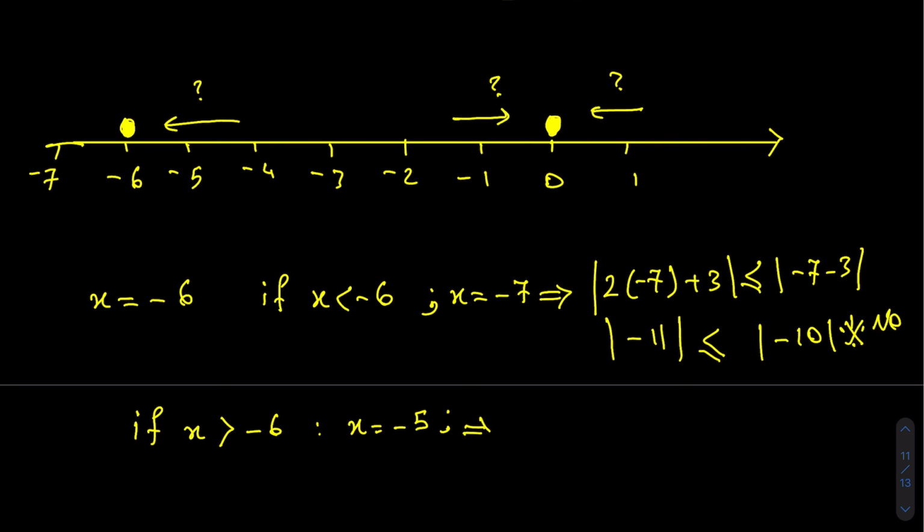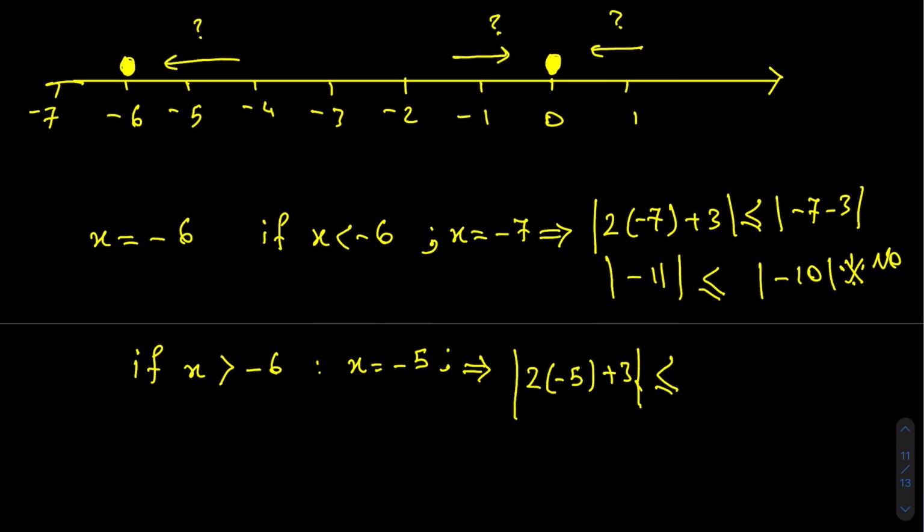Then absolute value of 2 times -5 plus 3 will be less than or equal to -5 - 3. Let's see if it works. Here it will be equal to -7.